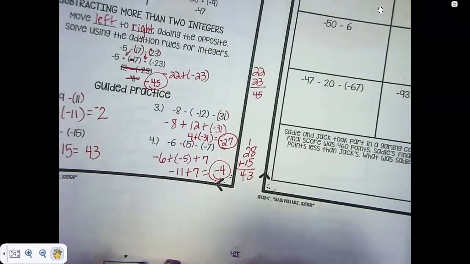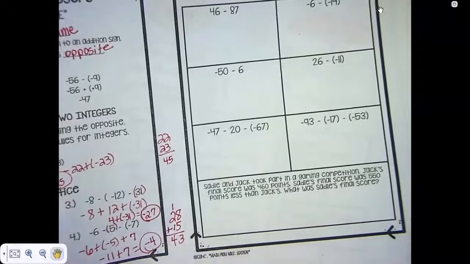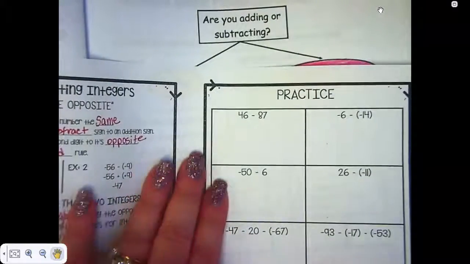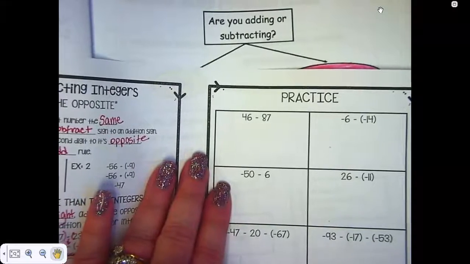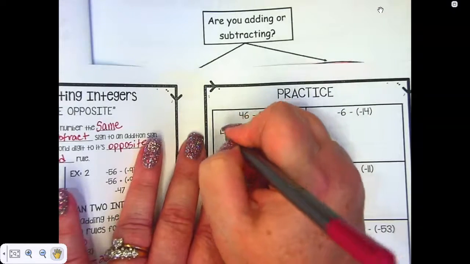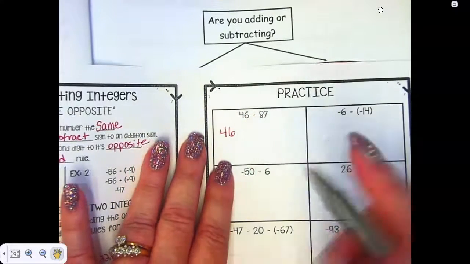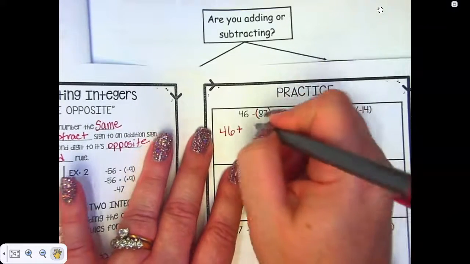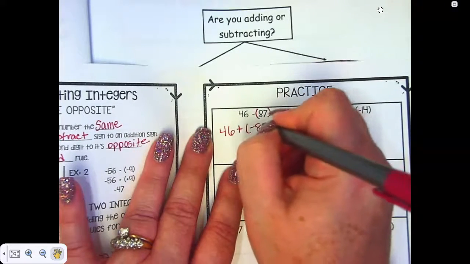Questions? Okay, let's try these practice problems over here. 46 minus 87. So rewrite it. Keep 46. Change the subtract to add. And change that positive 87 to a negative 87.